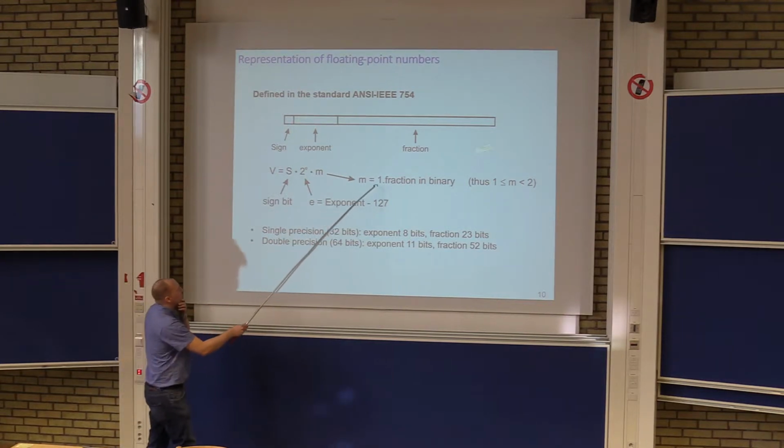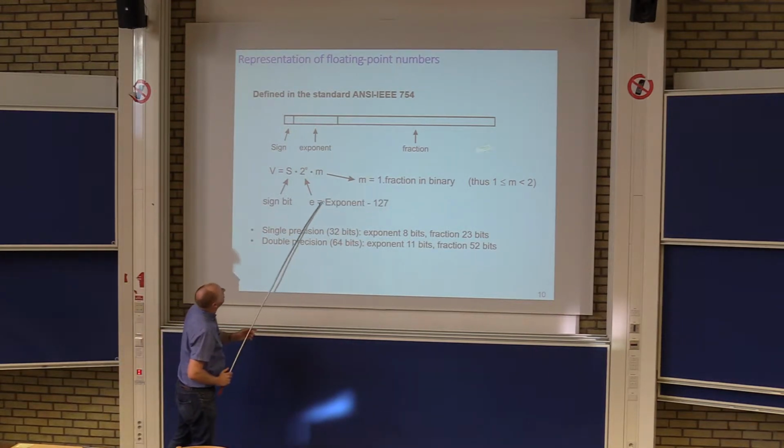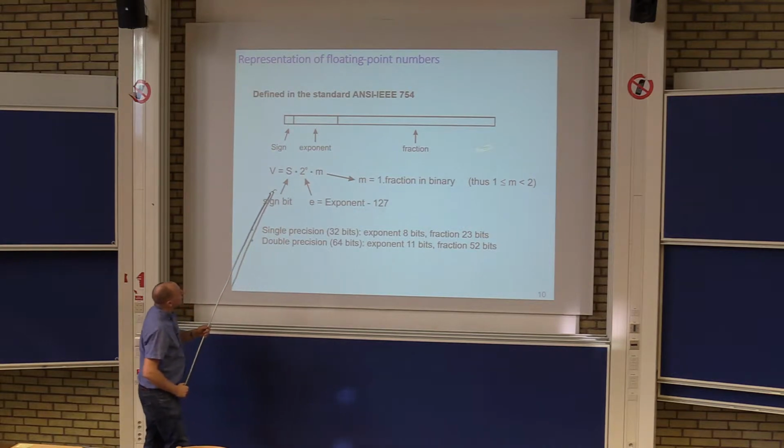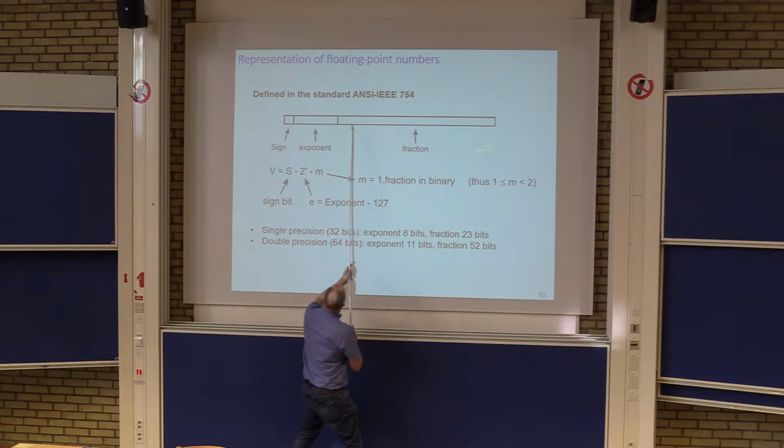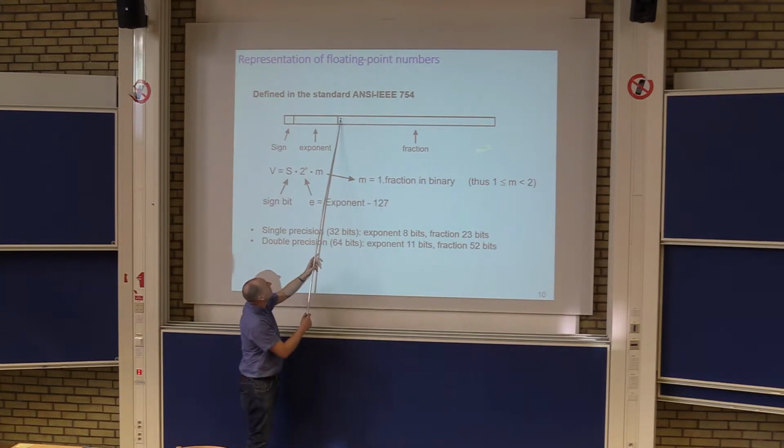So m is equal to 1 point the fraction part. So basically for all the bits that we have here, the first will be represented as 2 to the power of minus 1. The next bit will be 2 to the power of minus 2, minus 3, and so forth.